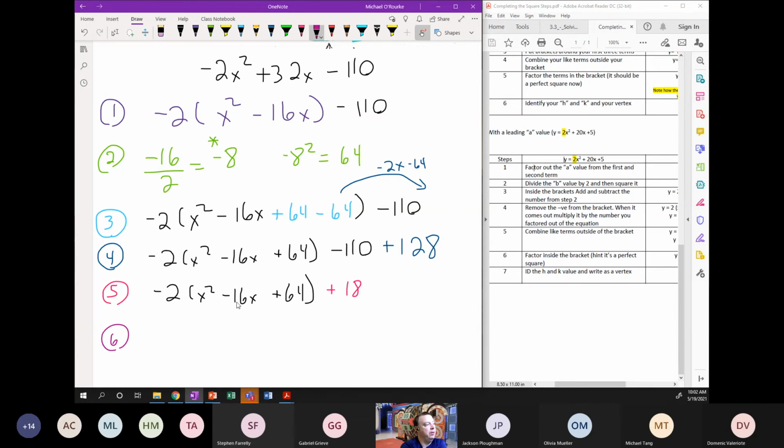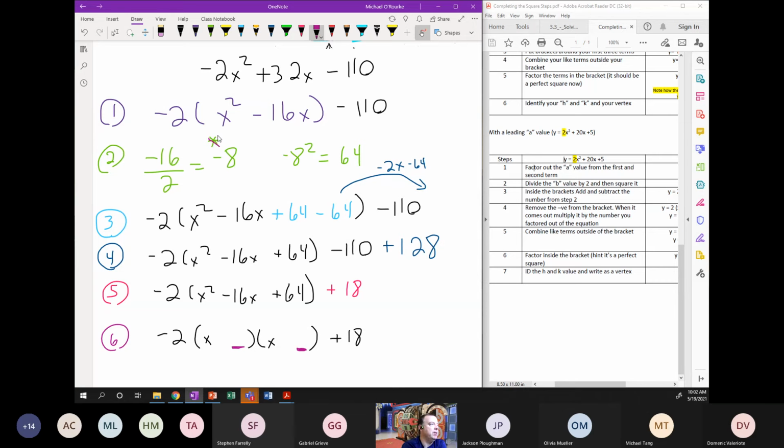Then we're going to factor our middle part here. So remember, it's a perfect square, so it's going to be the same number in both sections. Can someone tell me what number I'm going to put right here? -8?